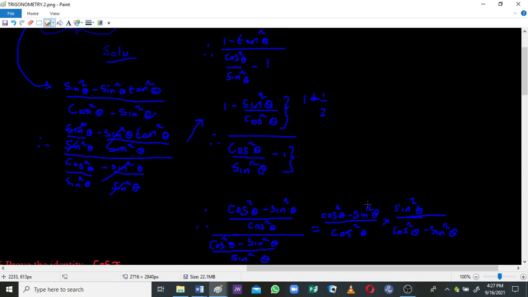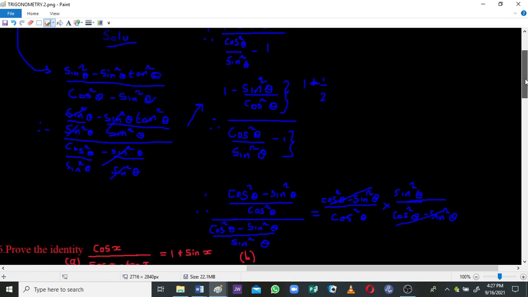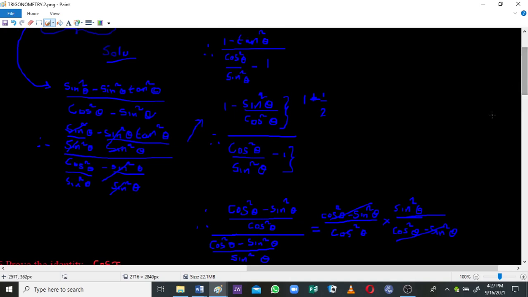Now see that when you apply the cancellation rule, this and that goes, right? That and that will disappear by the cancellation rule. So we can write this from the top here.